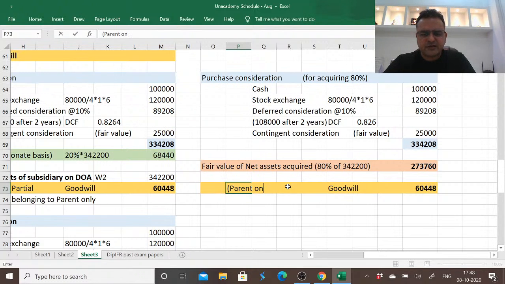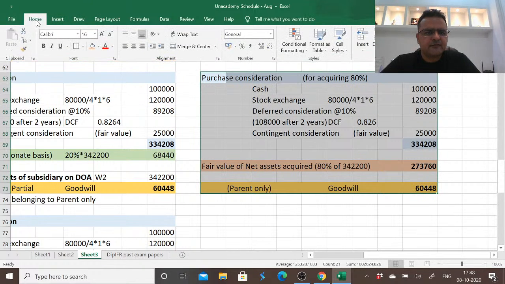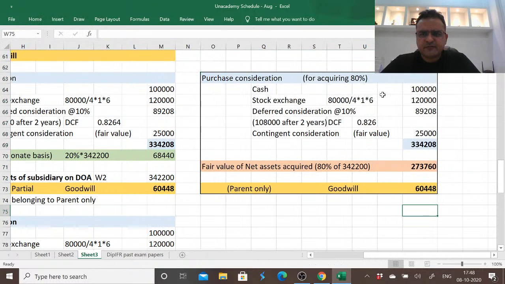We were not calculating NCI's share in it. So this was a direct manner of presentation. We were comparing 80% with 80%. 80% purchase consideration was being compared with 80% acquisition. So the goodwill was belonging to parent only.